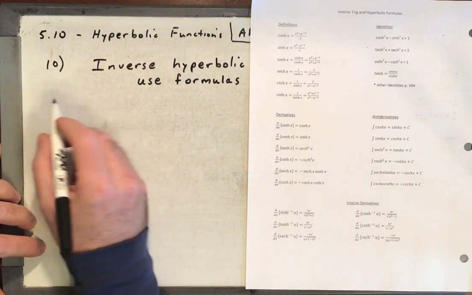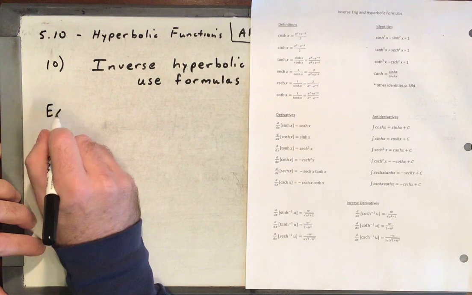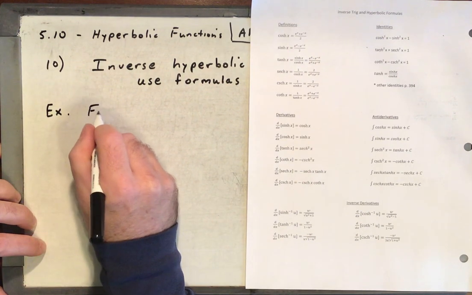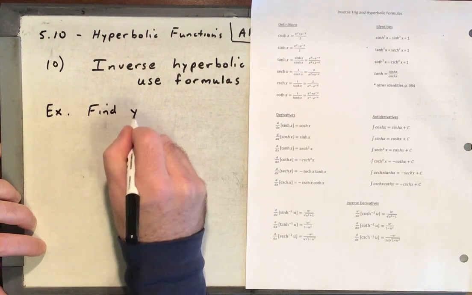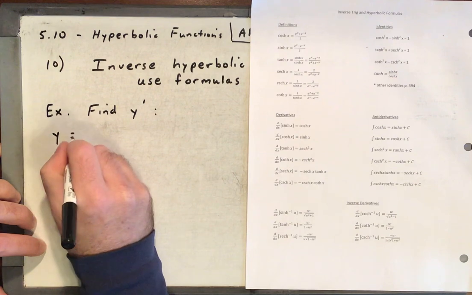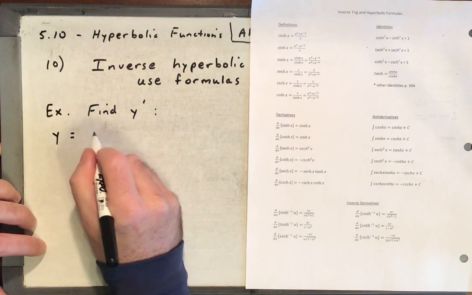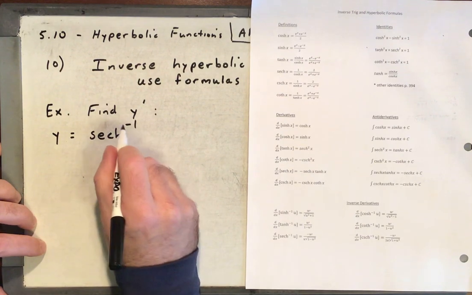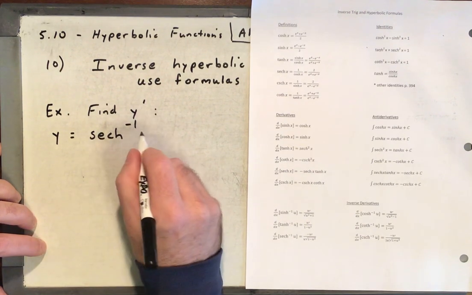Okay, our example for this. Example. We're going to find y prime if y is equal to inverse. So you've got to look for that -1 so you know what you're doing.